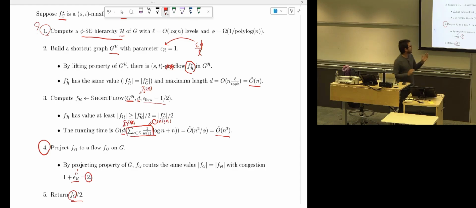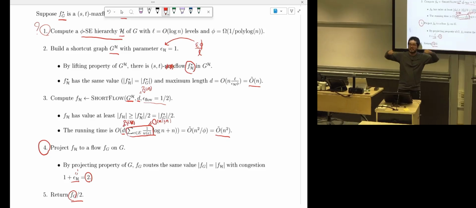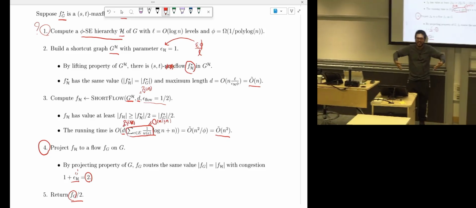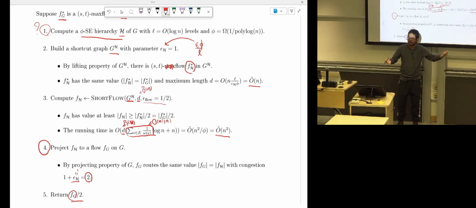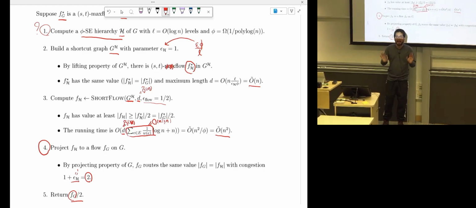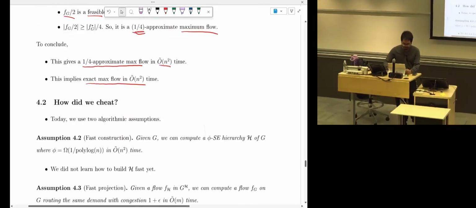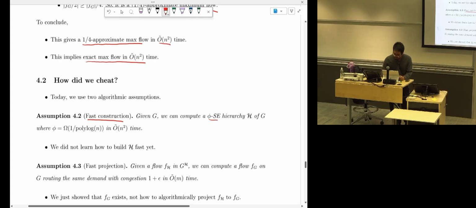I just said that, given a flow in the shortcut graph, there exists another flow in the original graph that routes the same thing with not much more congestion. I didn't say how to find that. So this is two things. We need a fast construction for constructing the SC hierarchy.